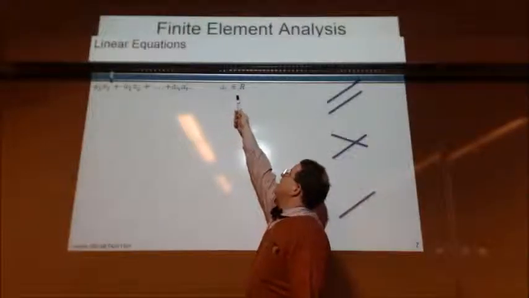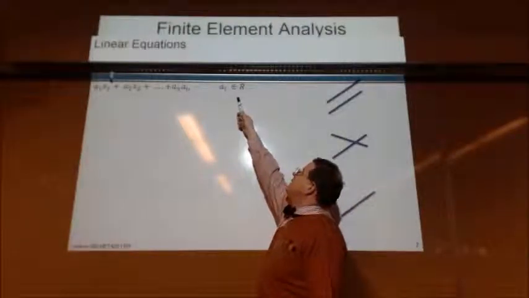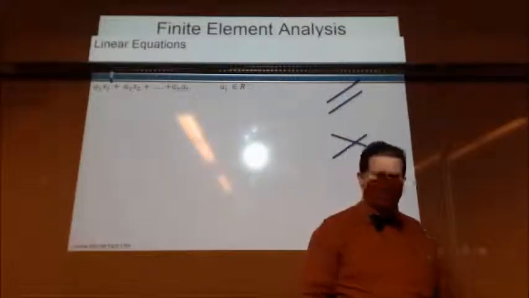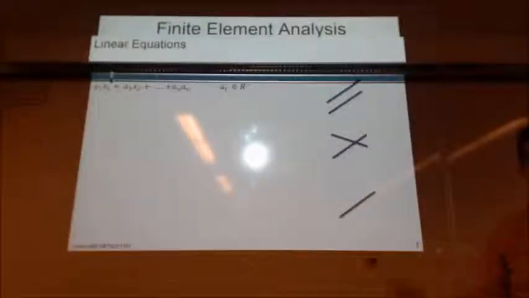And we're just saying here that a is an element of the real numbers, so any real number: 1, 2, 3, 4, 5, minus 1, minus 2. Shouldn't it go to an and xn? You're right, it should go to an and xn. Typo on my part. Thank you.